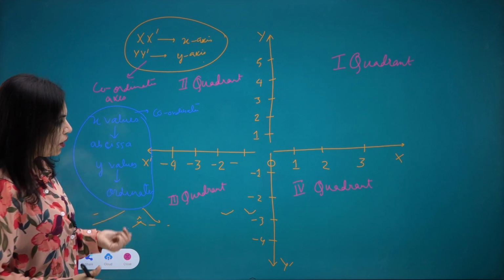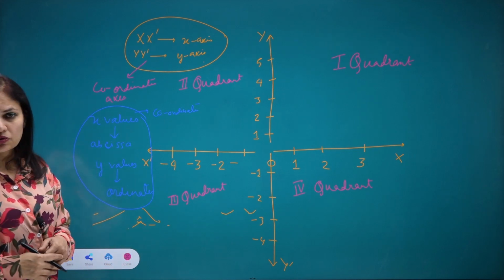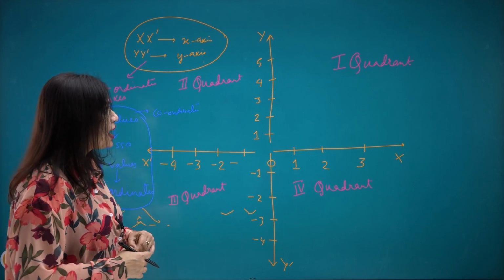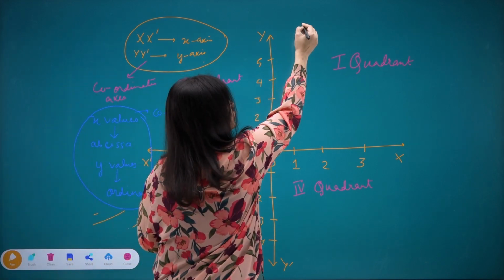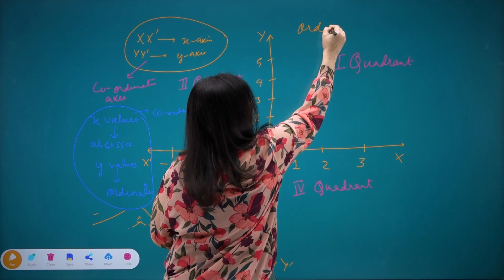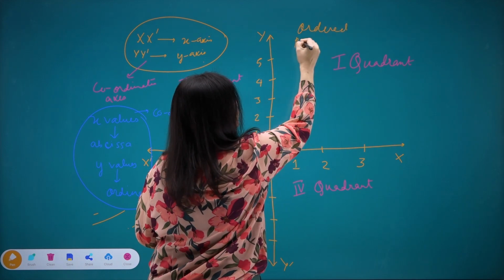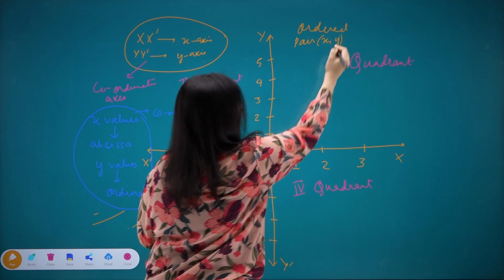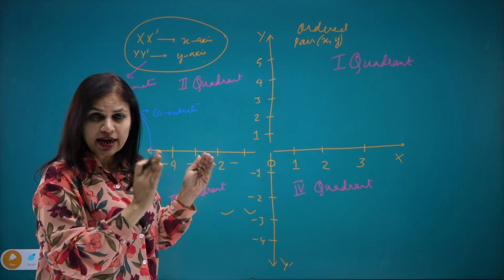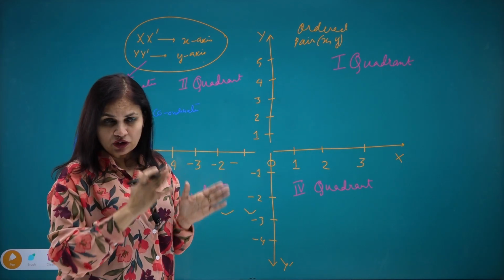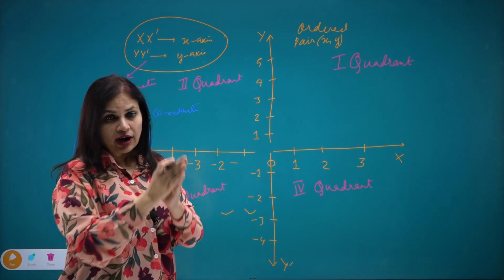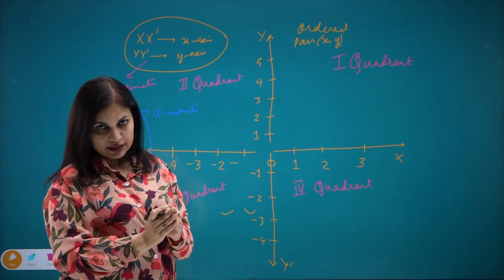Now, how do we locate these coordinates and how do we write them? We write them in the form of an ordered pair, x comma y. The order is x comma y. The value of x is written first and the value of y is written later, or abscissa first and ordinate later.